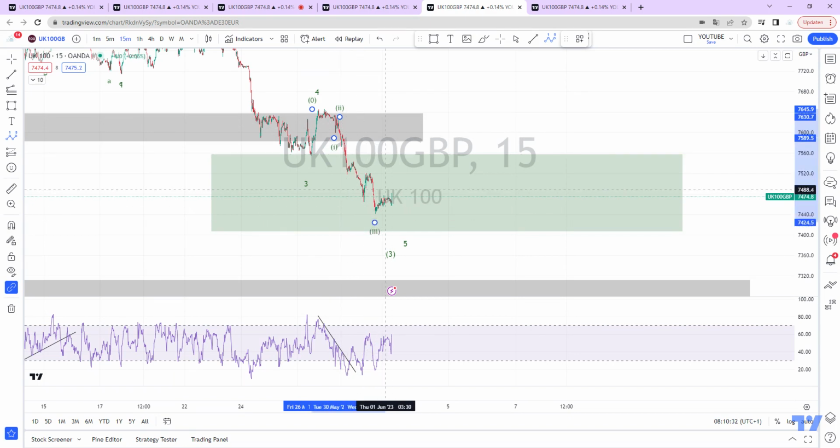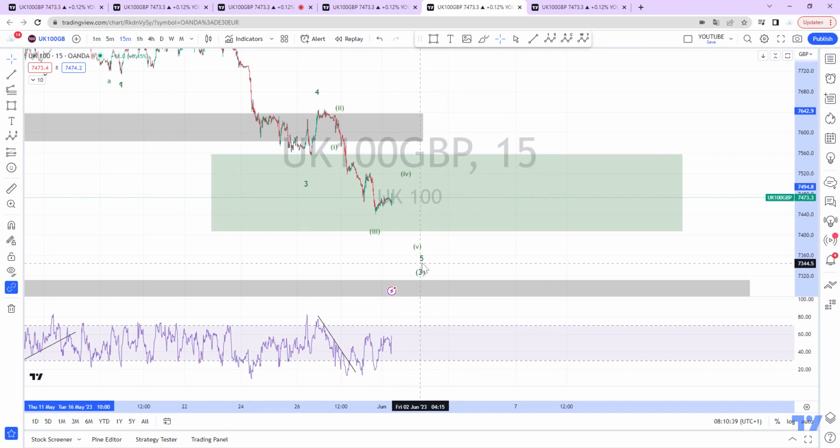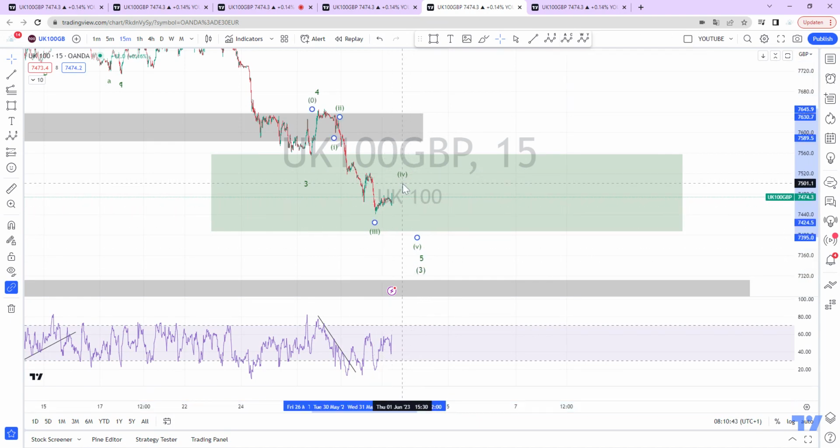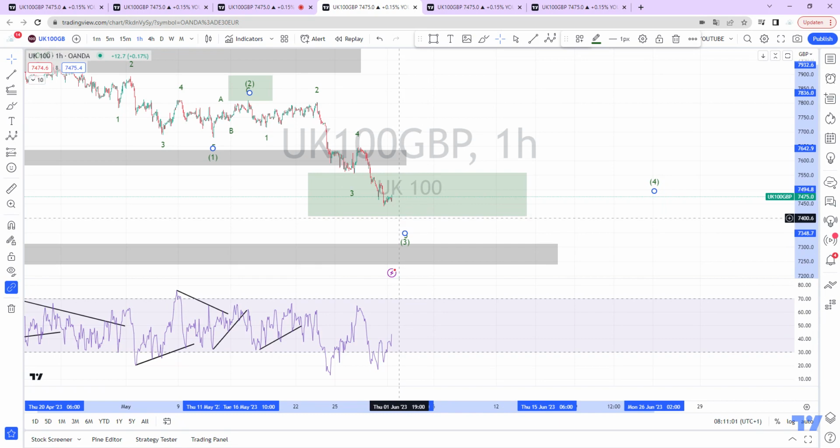Okay, I'm anticipating this scenario here, something like this. My scenario is that we will do something here as a wave 4. We make one more low, and I go long here, but the RSI divergence has to hold.